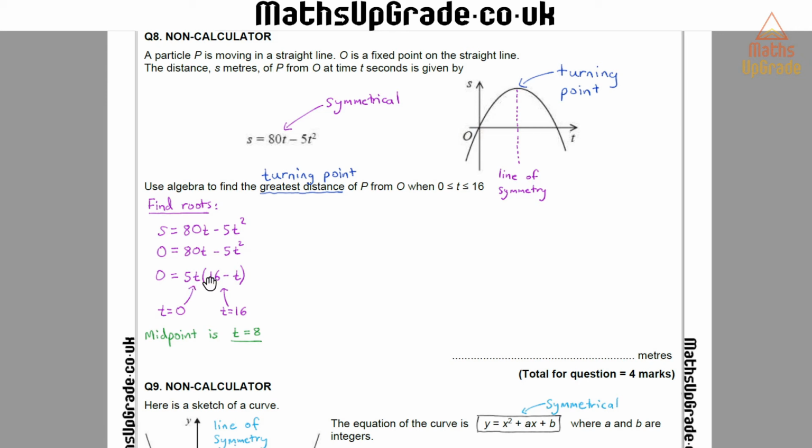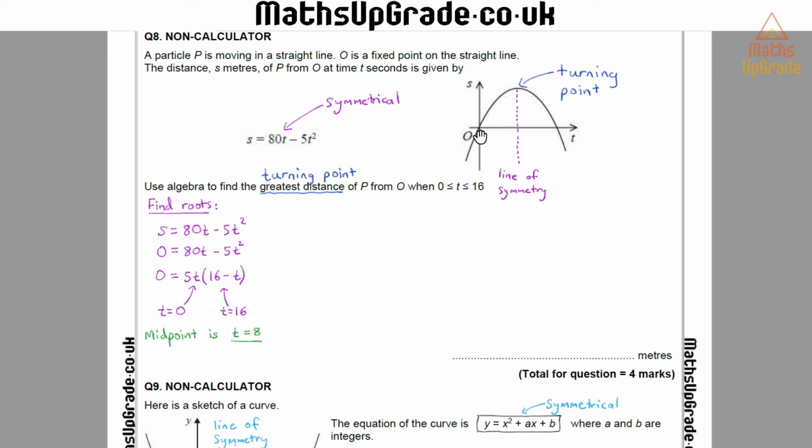So I've got 5t brackets 16 minus t. Since that equals 0 at this point here, I know that t can either be equal to 0 or t can be equal to 16. If you're not sure on how I've done this, be sure to check out my video on solving quadratics. So t equals 0 and t equals 16.